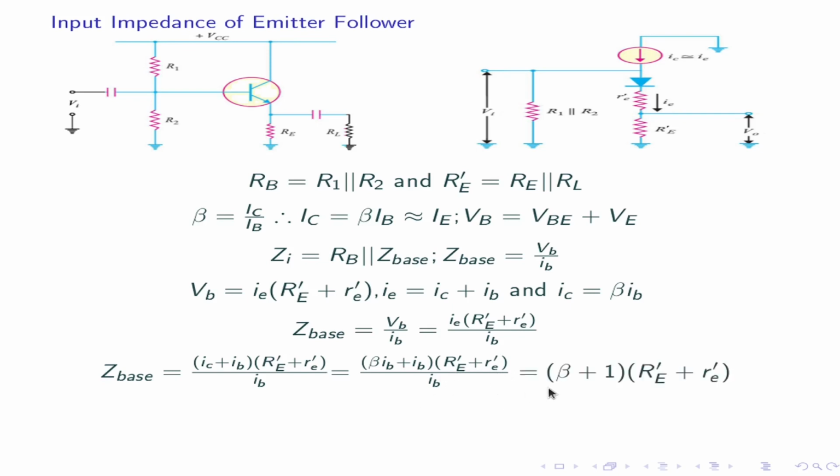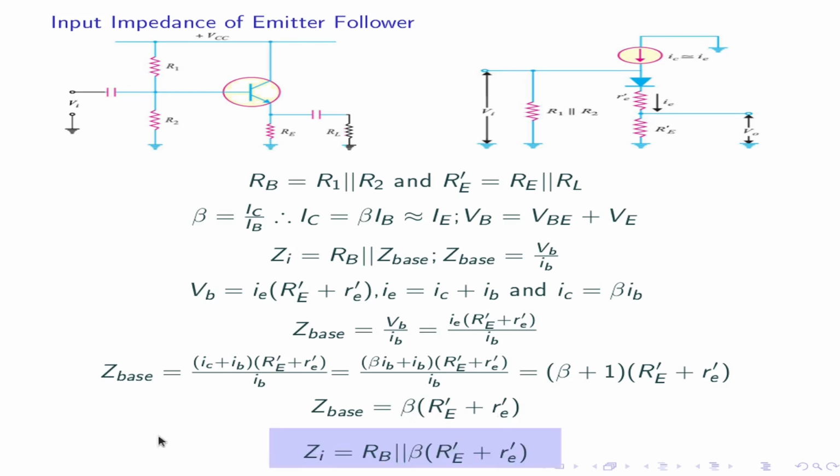On simplifying, this is equal to beta plus 1 into RE prime plus RE prime. Normally the value of beta is very much higher than 1. Therefore, beta plus 1 is approximately equal to beta. Therefore, Z base is equal to beta into RE prime plus RE prime. Therefore, input impedance Zi is RB parallel beta into RE prime plus RE prime in the case of emitter follower.